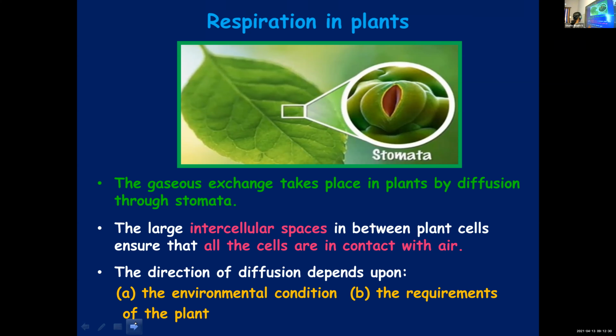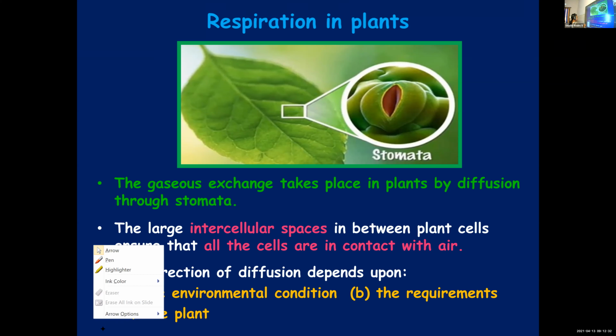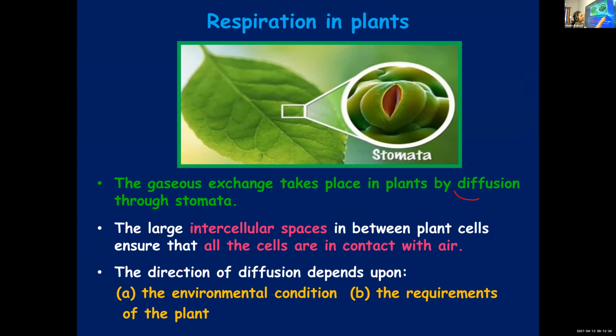The process by which plants respire is diffusion, and it takes place through stomata. Then, in between plant cells, what are present? Intercellular spaces, meaning the space in between the cells.